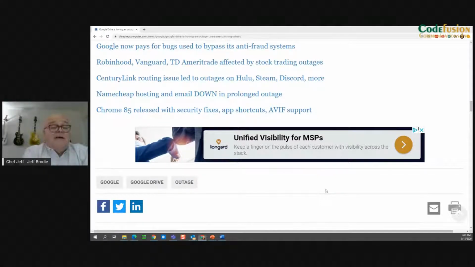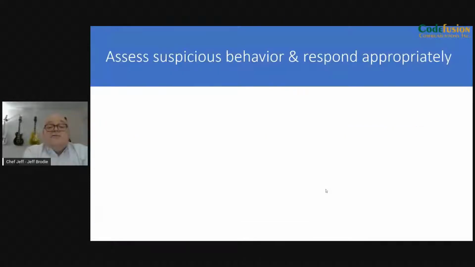Let's get into our PowerPoint today, and we're talking about assessing suspicious behavior and responding appropriately. So in an organization, people see what is normal conduct, your business as usual. And when things seem abnormal, it's important to have a way to identify this.